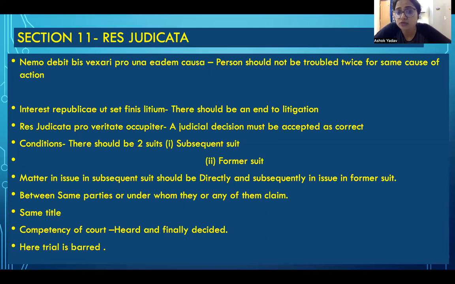And the title of the suit in both suits should be the same. Suppose the subsequent suit is a partition suit and the former suit was related to some matrimonial matter between the same parties, then this section does not apply.